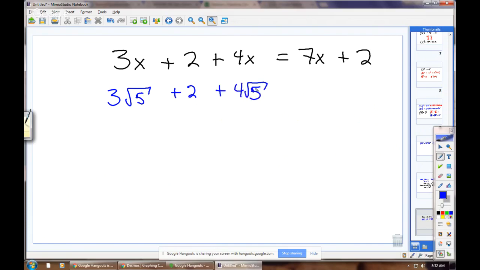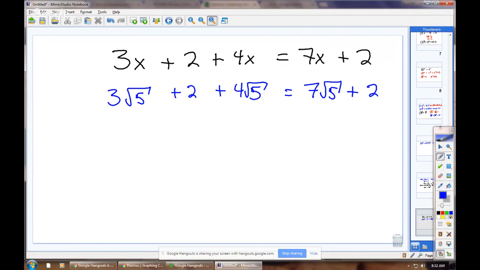Now, without a calculator, we can't do anything with the square root of 5 because it's not a perfect square. But if I have 3 square roots of 5, think of that as an object you can possess. And then you have 4 of them over there. Altogether, you must have 7 square roots of 5. And then that 2 just kind of hangs on. And without a calculator, you can't take it any farther, like up here, without x, you can't take it any farther. So like terms applies to roots also.